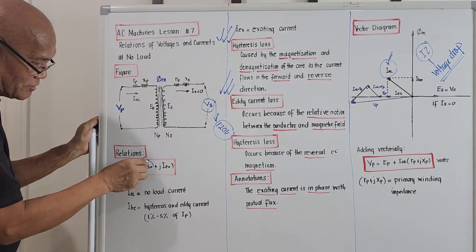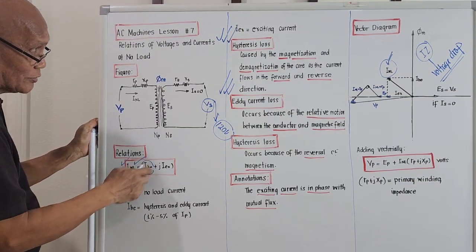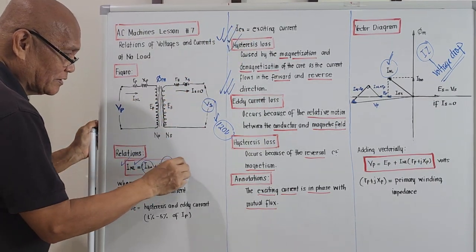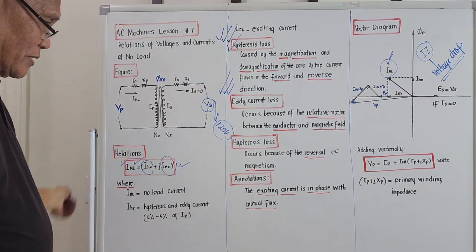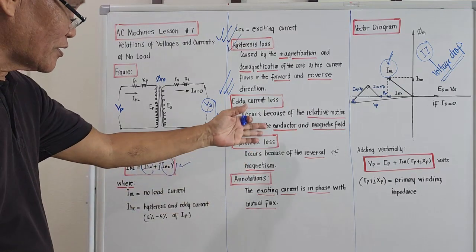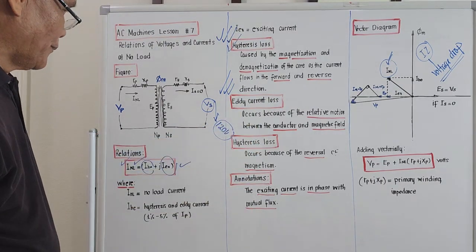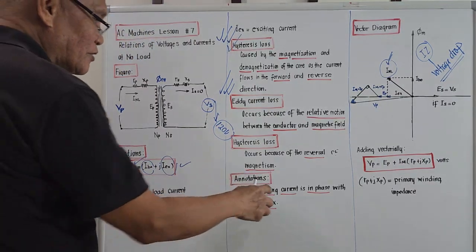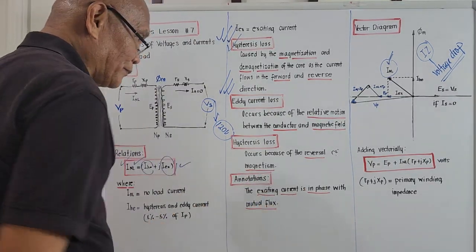And this I_HE is the current due to the hysteresis loss. And this exciting current, where's the exciting current? Oh, I don't have any discussion on exciting current. The current that is in phase with the neutral flux.